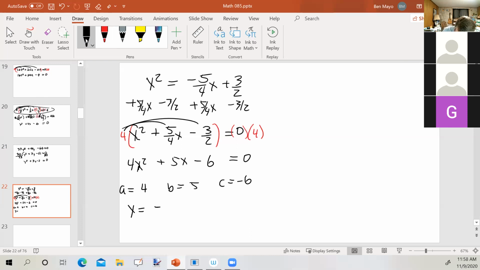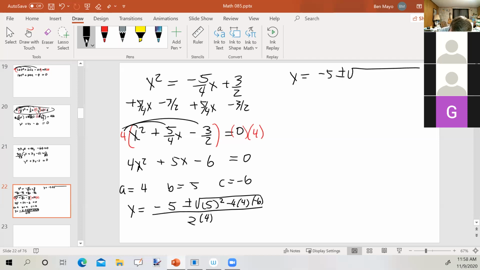X equals -b plus or minus the square root of b squared minus 4ac all over 2a. X equals -5 plus or minus the square root of 25 plus, because -4 times 4 is -16 times -6 would be plus 96 all over 8.